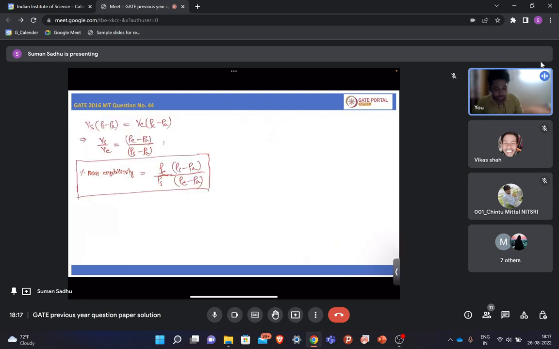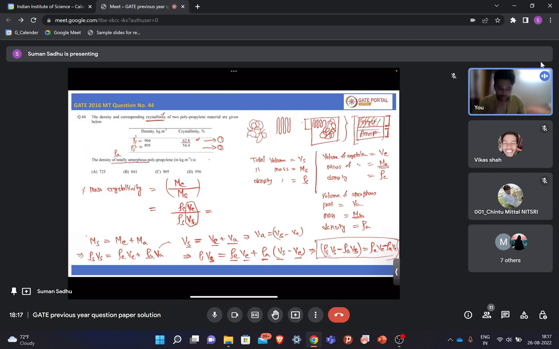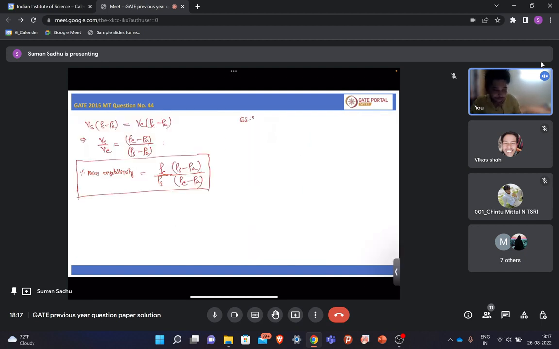So in this case the crystallinity is 62.8 percent, and the density of the sample is 904. So we can write equation 1 as 62.8% is equal to rho C into 904 minus rho A, divided by 904 into rho C minus rho A. We don't know the value of rho C and rho A, so I'm writing in terms of rho C and rho A only.